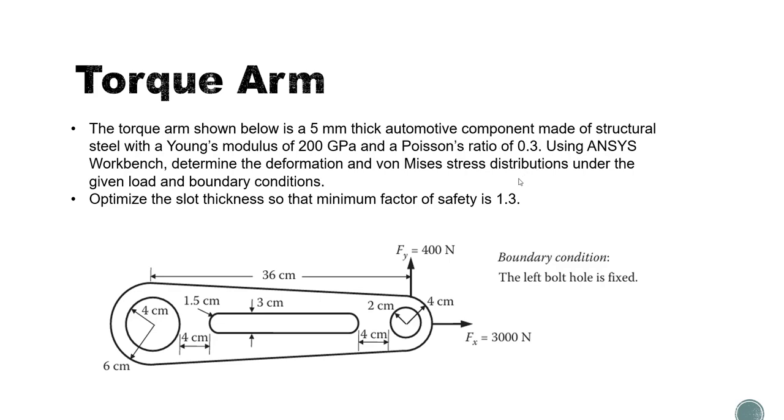We need to first determine the deformation and von Mises stress for this initial design, and then we need to optimize the dimensions of this slot so that the minimum safety factor is 1.3. This is the design problem that we need to solve. Let's shift to ANSYS and solve the problem.